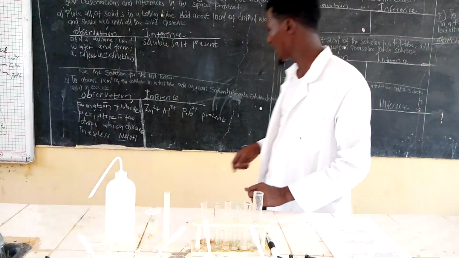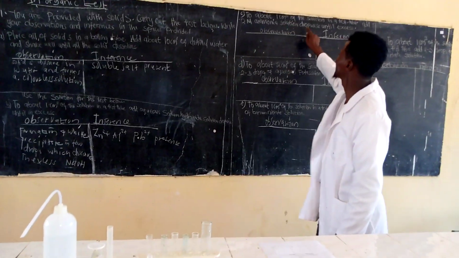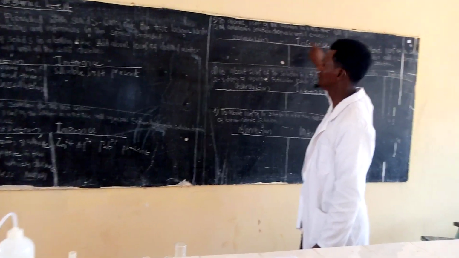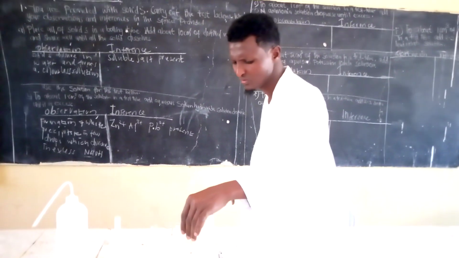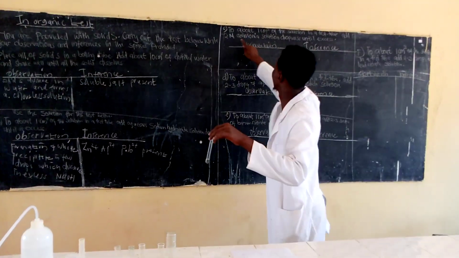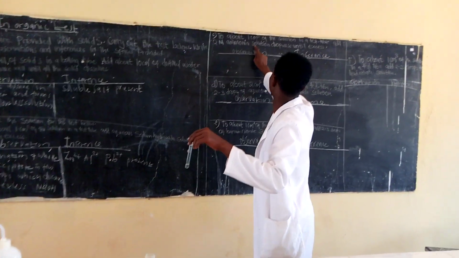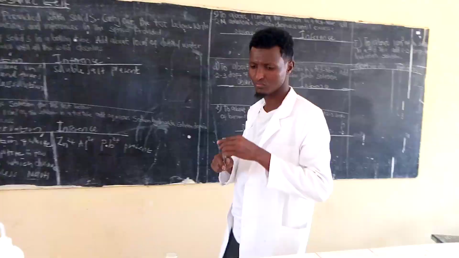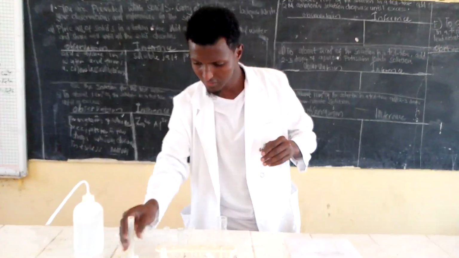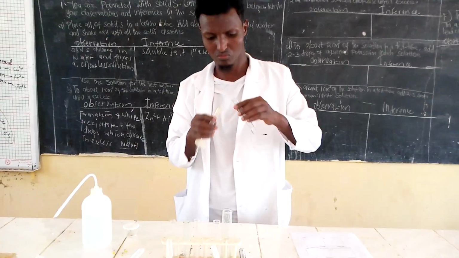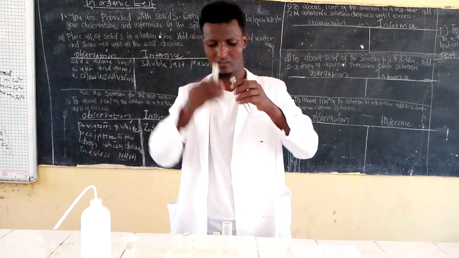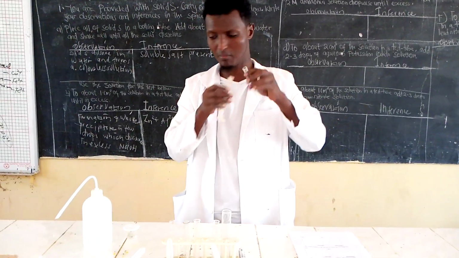Next one is to about 1/16 of the solution in the test tube, and add 2 mole of ammonia solution. It will be the same. So it means we'll take the solution in the test tube.